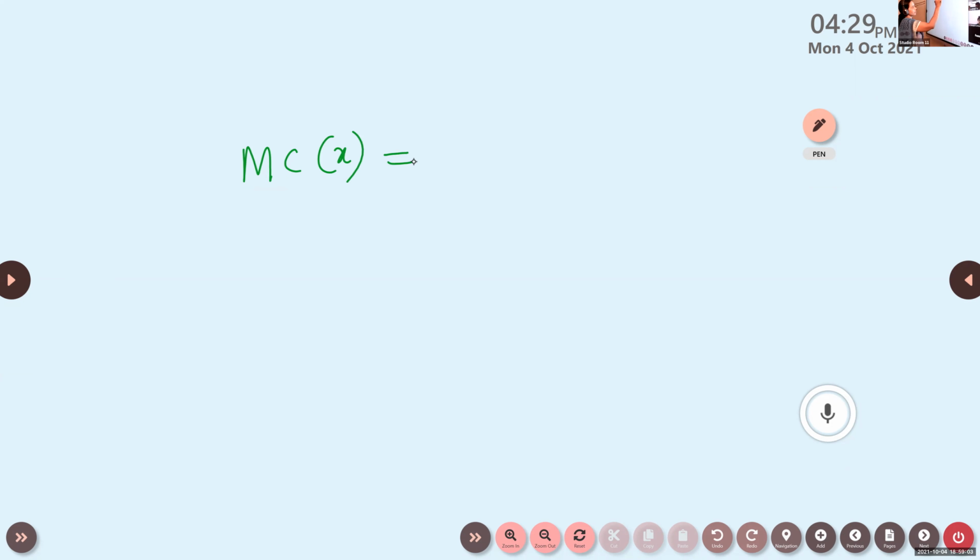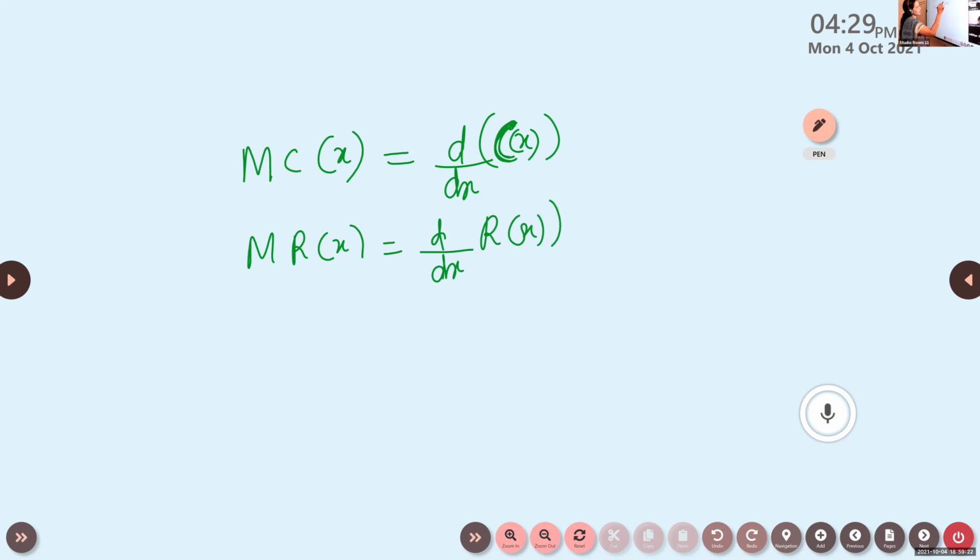Marginal cost of X is equal to d by dx of the cost function C of X. Similarly, marginal revenue will be the derivative of the revenue function, d by dx of R of X. Otherwise, we can denote marginal cost like this, C dash of X, and marginal revenue as R dash of X.